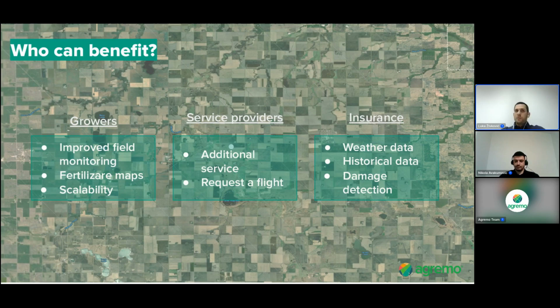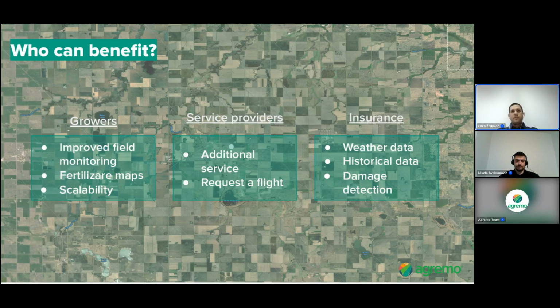For the service providers, you have another feature to offer within the current package, and you can scale up your drone scouting services with this, because your clients will now have access to the fields. You can also send them the drone map, and they can compare the quality of the maps.